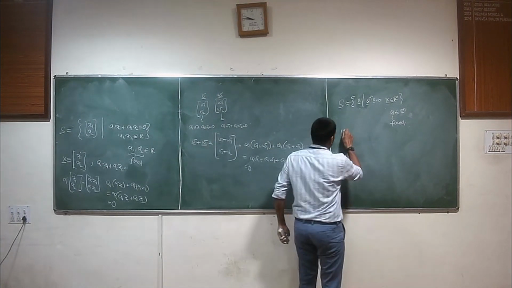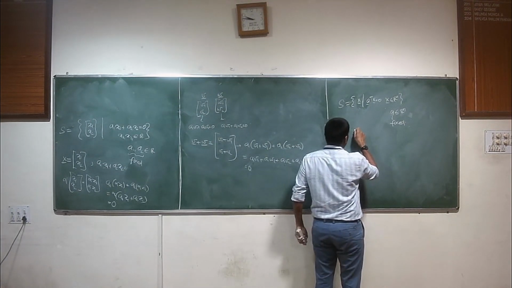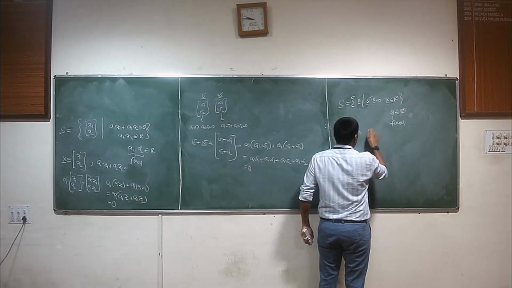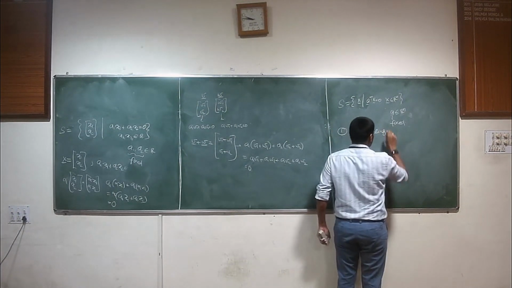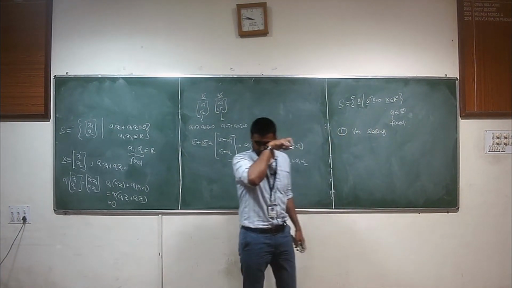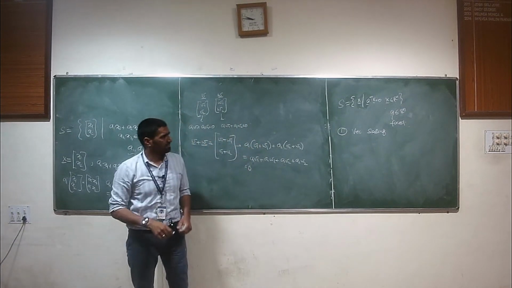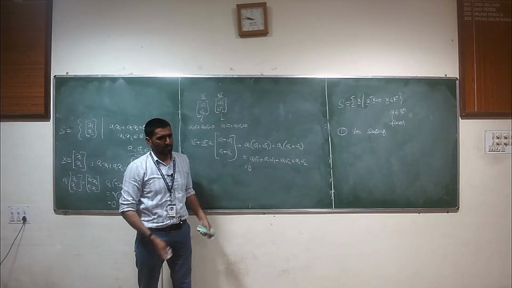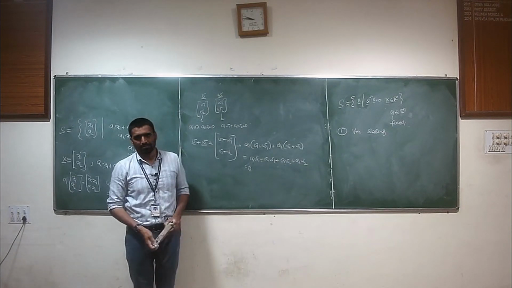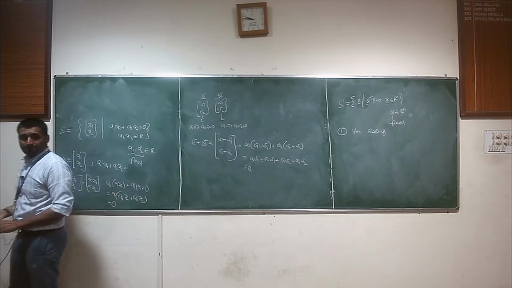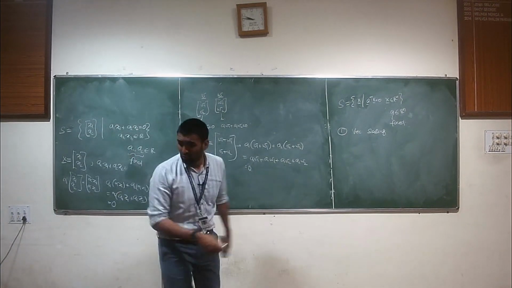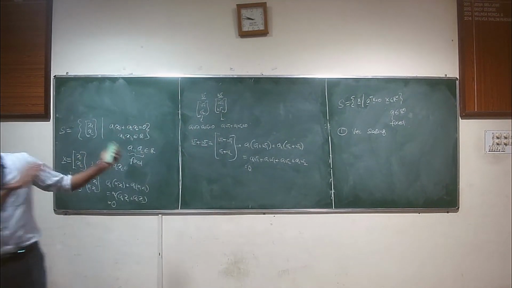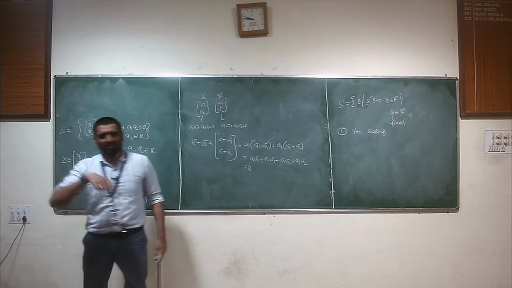We'll start with the first one. You can tell me about scaling. Sorry, equal to b, is it? Fine, let's do 0 first. We'll do the b after that.